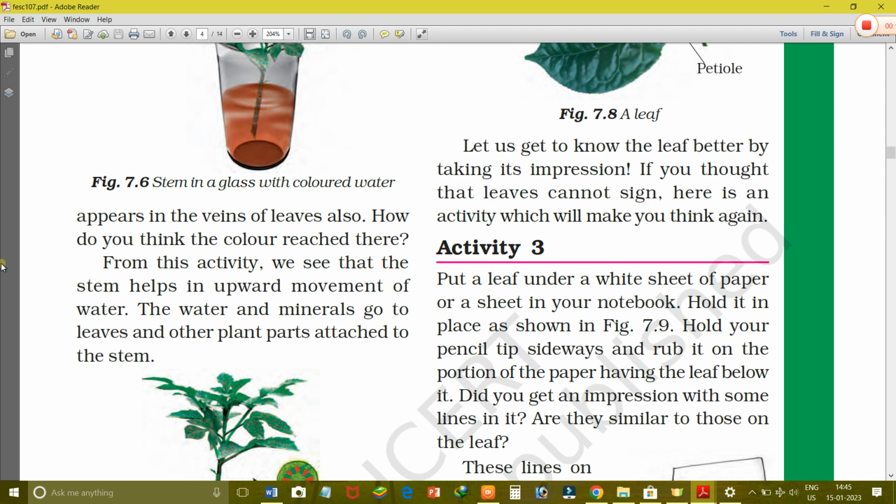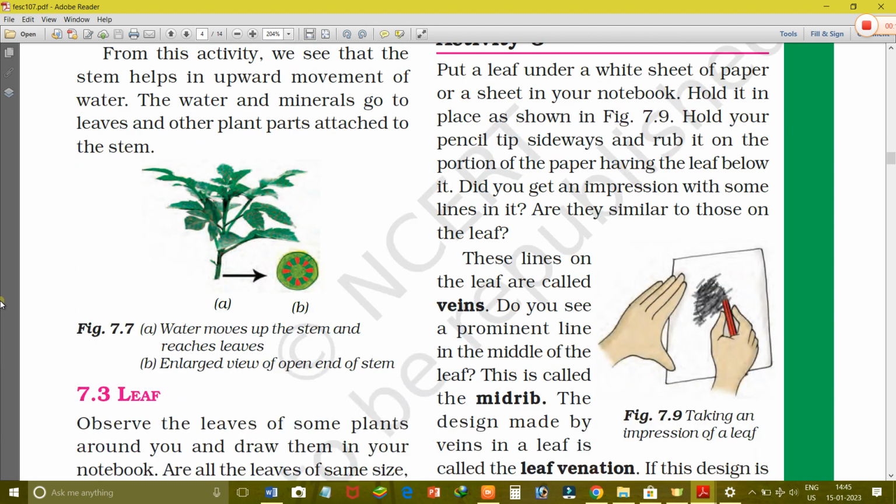From this activity, we see that the stem helps in the upward movement of water. The water and minerals go to leaves and other plant parts attached to the stem.